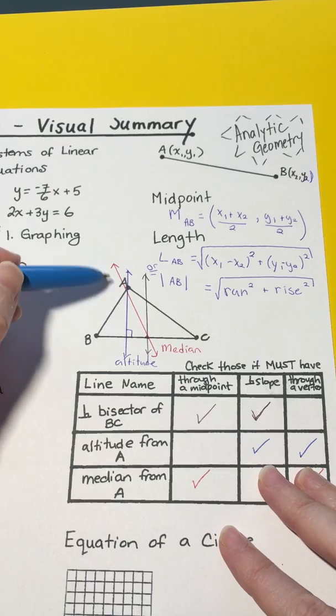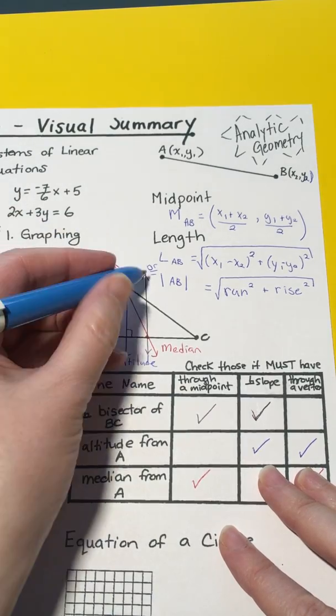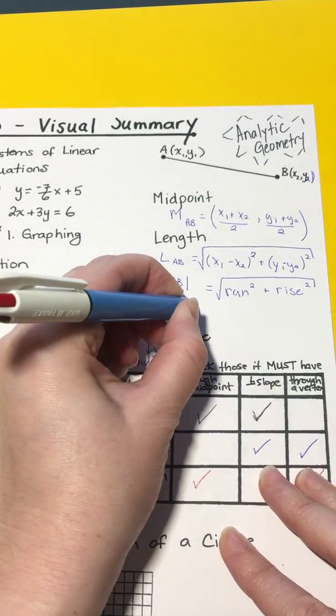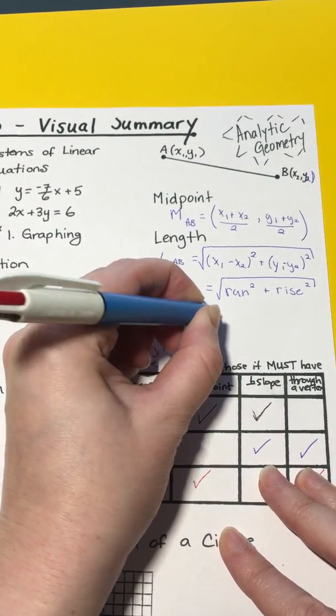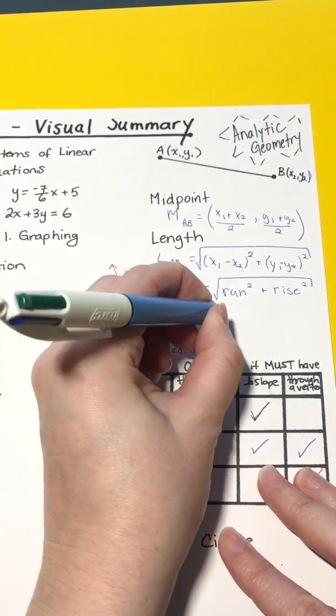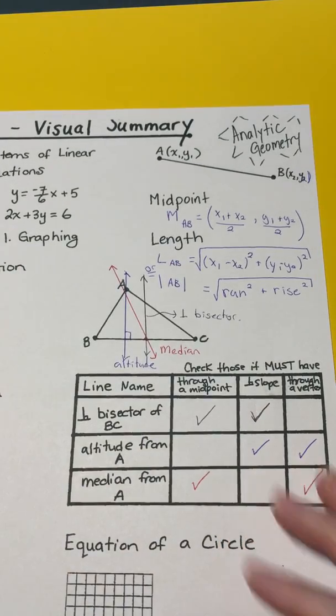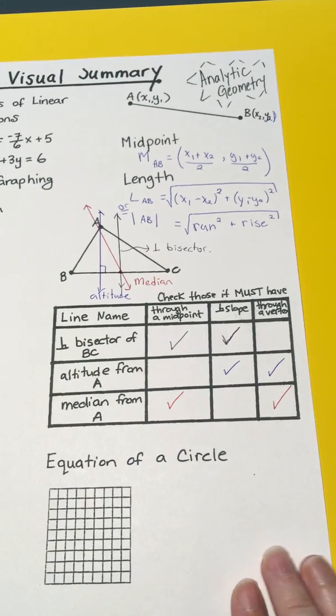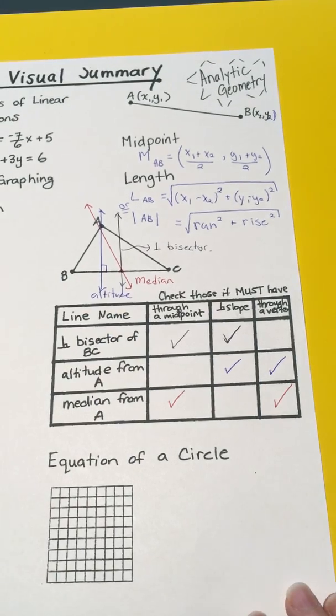So this is the altitude, this is the median, and now this is the perpendicular bisector. Okay, and that's really a summary of the triangle stuff that we did.